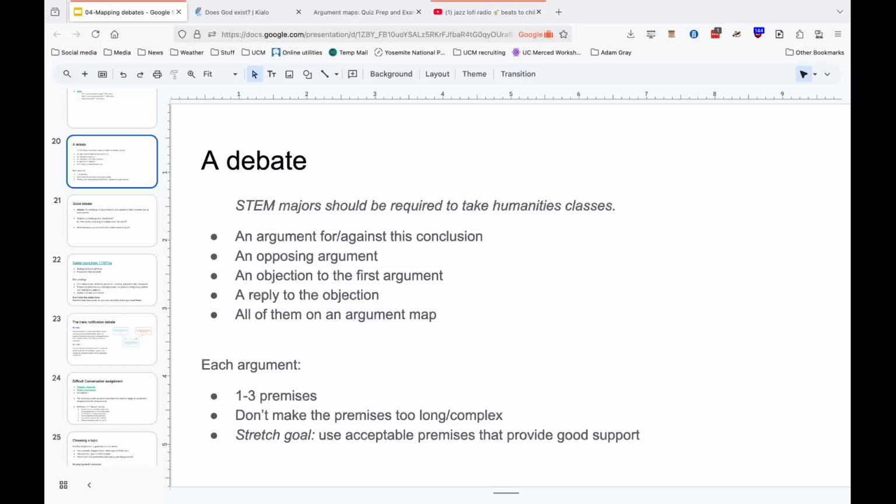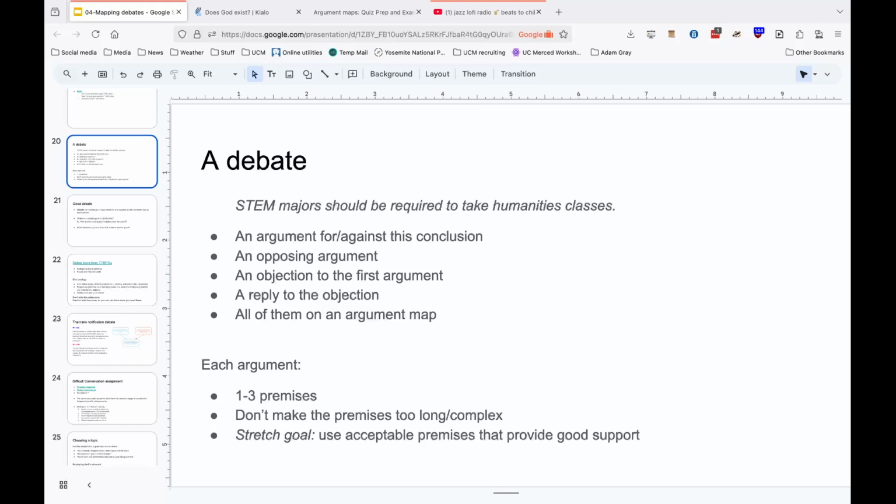Good. Quick terminology check. The argument, humanities classes can improve a person's awareness of themselves and others, and STEM majors require awareness of themselves and others. What kind of argument is that? This is an argument towards the credibility of the industry. No. That's not what I'm talking about. Sorry. Question was too open-ended. Okay.